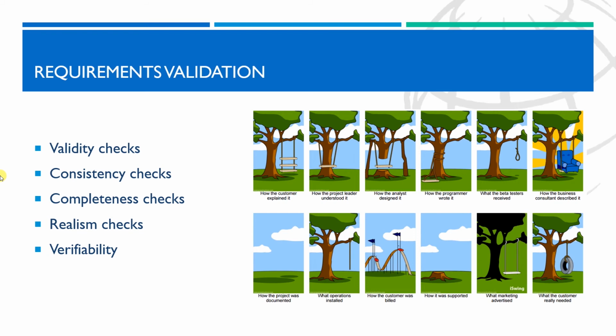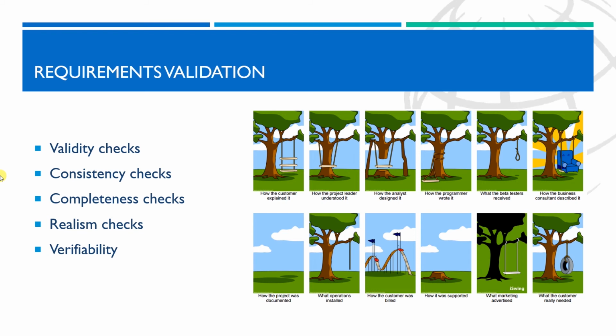It's important at this point. The completeness check, the requirements document should include requirements that define all functions and the constraints intended by the system user. The important question here is, are all functions required by the customer included?